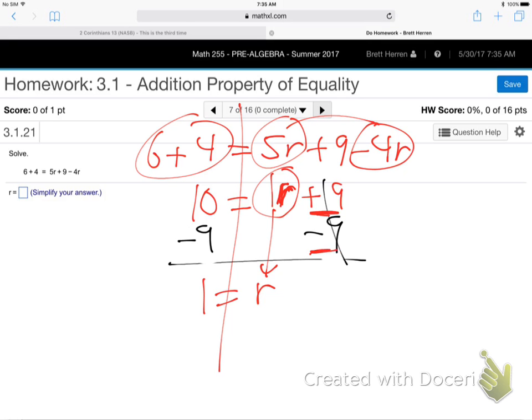We always do the opposite of whatever's next to the letter. The opposite of what's next to that 1r, plus 9, is minus 9. So I subtracted 9 from both sides.